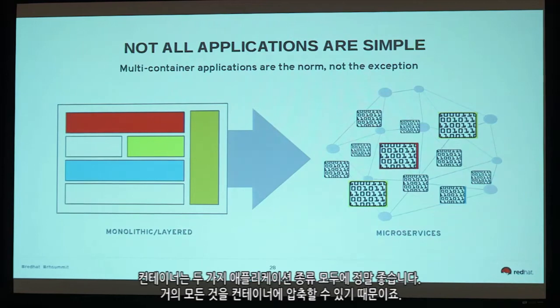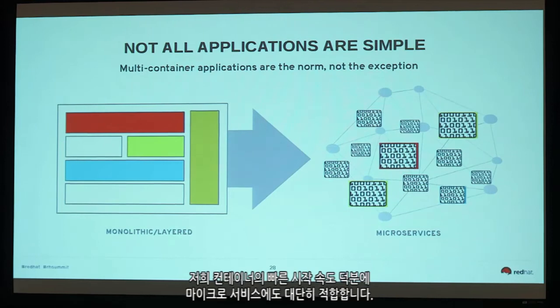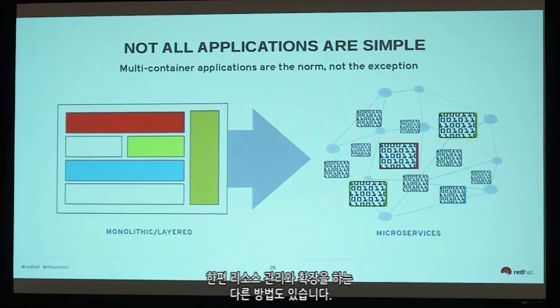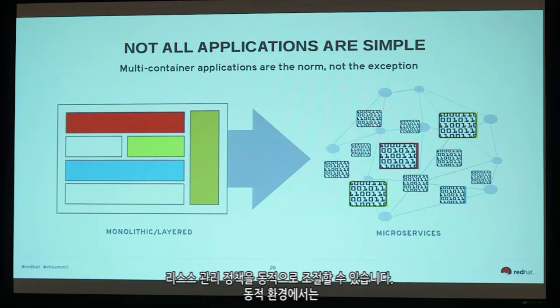Now, containers are really great for both application kinds, because we can encapsulate almost anything in a container. So it is suitable for traditional apps, and it is extremely suitable for microservices with the fast startup times we have around containers. But at the same time, we also have different ways to do resource management and scale. We can dynamically adjust the resource management policy for a more traditional application in order to give it more capacity.